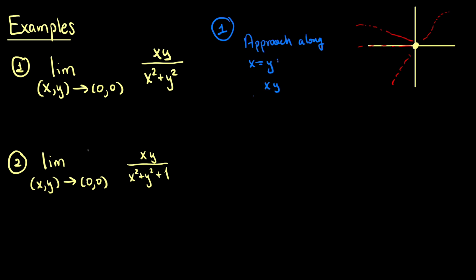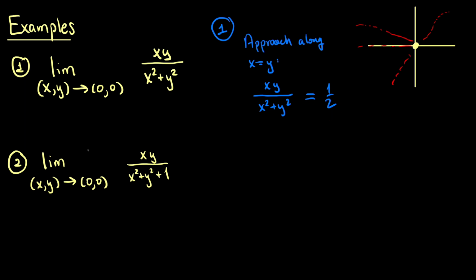I get x times y divided by x squared plus y squared. If x is equal to y, then the numerator is x squared and the denominator is 2x squared, so this is 1/2. Okay, so if I approach along this direction, exactly on the line x equals y, anywhere on this line, then what I get is 1/2.